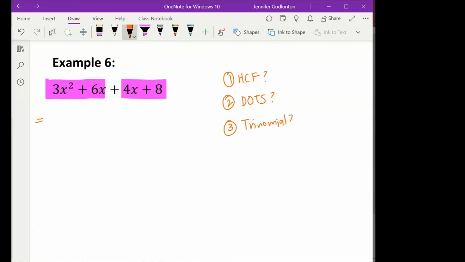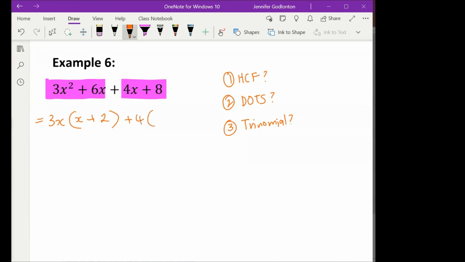Hi, ma'am. So I first took out a common in the first bracket. Which was 3x. And then I was left with x plus 2. Then, ma'am, I took out a common in the second bracket, which was 4.